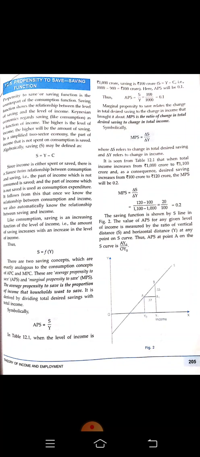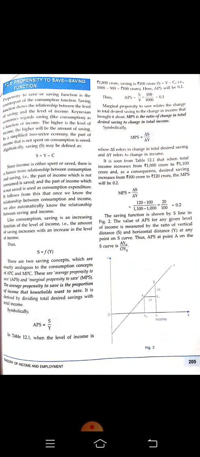So with the additional income there is a change in my saving, and that change in the saving is called the marginal propensity to save. As I gave you the example, 2,000 will be my saving with my new income, but the entire 2,000 is not the change, only 1,000 rupees extra I am saving. So that 1,000 rupees is called the marginal propensity to save. Hopefully you understood this one.